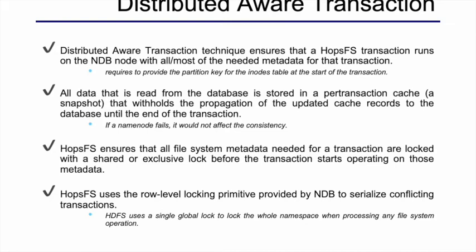That is, a HopsFS transaction runs on the NDB node with all or most of the needed metadata for that transaction. This will require HopsFS to provide the partition key for the inodes table at the start of the transaction.